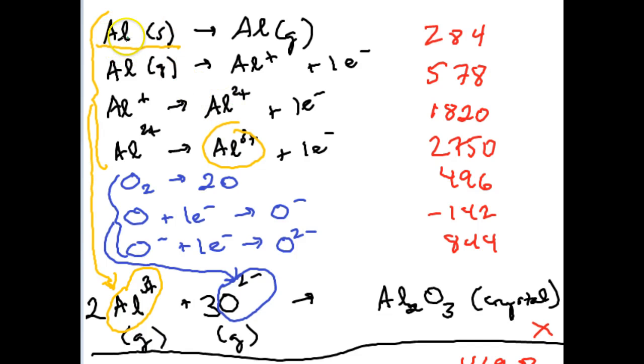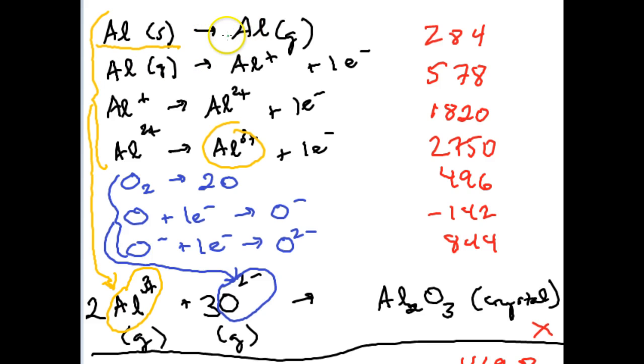All right, so here we go. Now I have aluminum here as a gas and aluminum here as a gas. So the fact that I have aluminum on the right of the arrow and aluminum on the left of the arrow, the fact that both of those appear means that I can cancel them out. Okay.